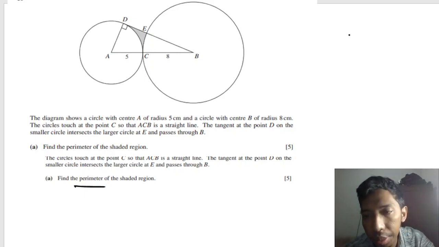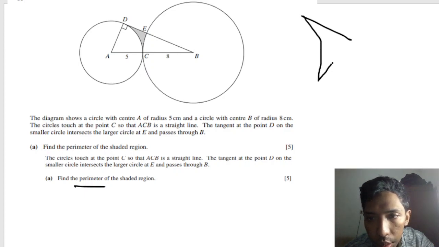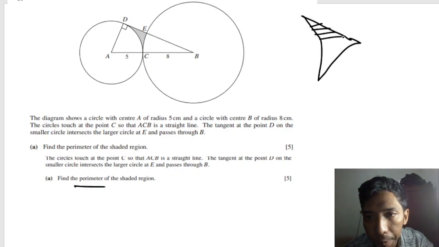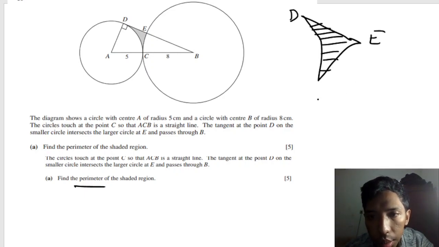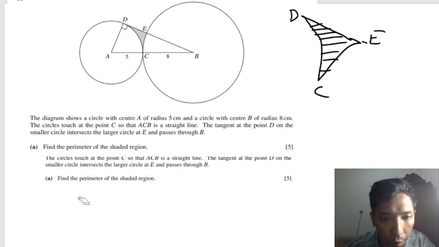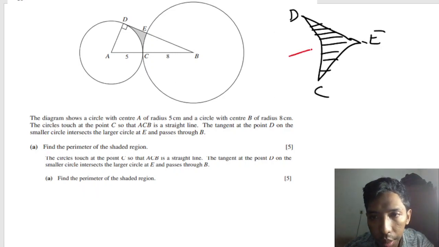Okay, maybe I will just draw that first. Now we have this is D, this is E, this is C. If we want to find the perimeter, we need to find the length of this, this, and this.